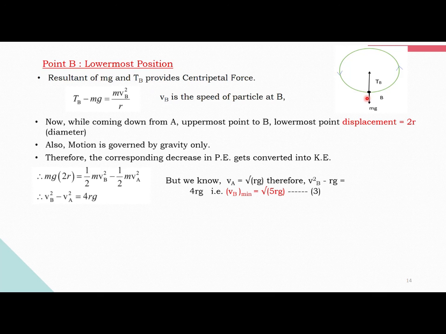But we know Va is equal to the square root of Rg. Therefore, Vb square minus Rg is equal to 4Rg. That is, Vb minimum is equal to the square root of 5Rg. It is equation number 3.